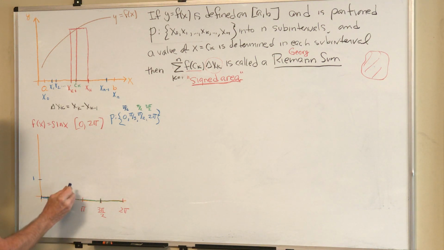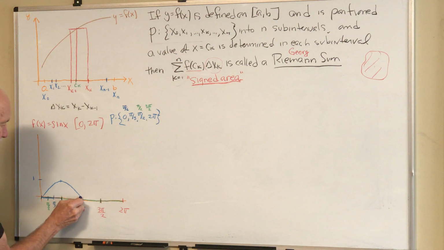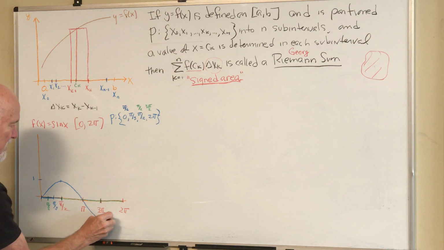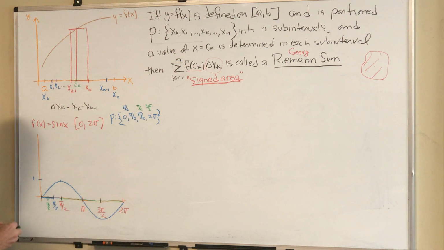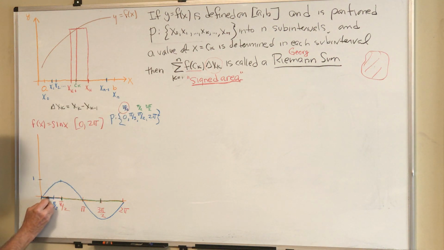We'll put 1 right here. So the sine goes up to here, goes back down, like that. And what we're doing in this first interval from 0 to pi over 3, we're picking pi over 6 to be our c sub k, and we're getting this rectangle right here.